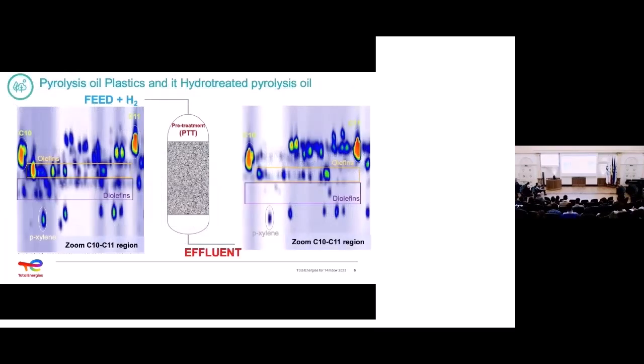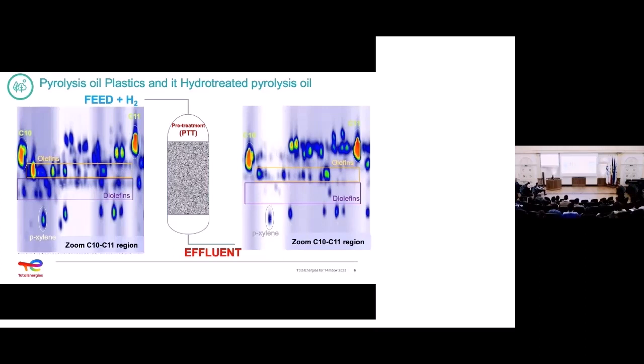Here we have a zoom between C10 and C11, with a feed on the left side and an effluent on the right side. The effluent is after the upgrading process, after hydrotreatment. In the highlighted regions, we can see that the diolefins have almost disappeared in the effluent, which was the goal.